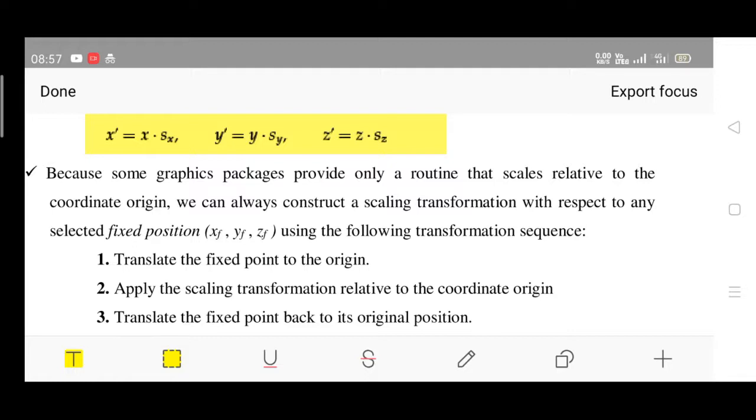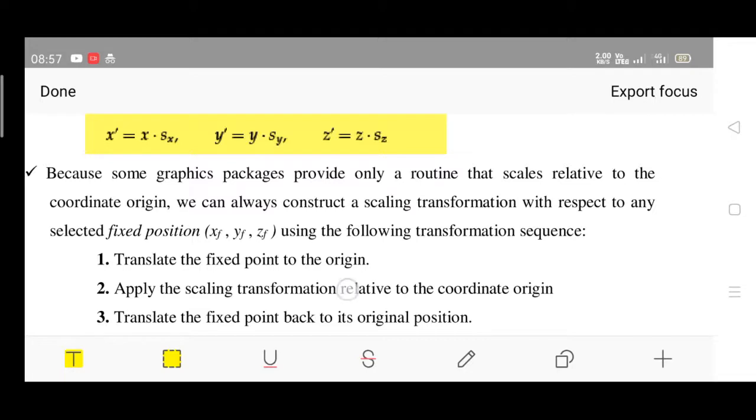Let the fixed position on x be xf, on y be yf, and on z be zf, using the following transformation. Of course, you have to bring the model to the fixed position to perform the scaling.